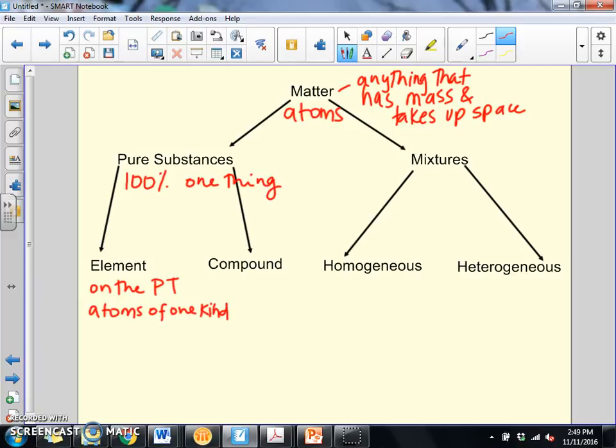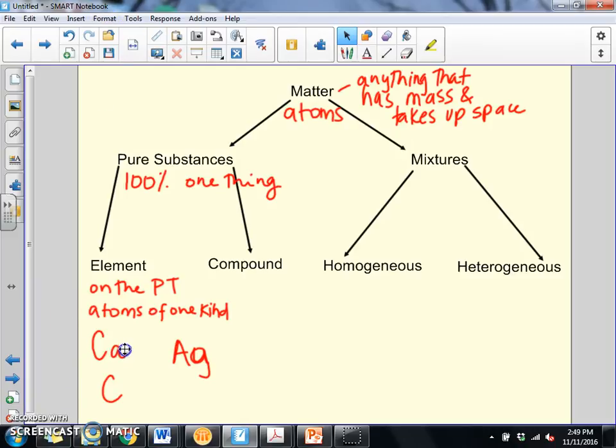For example, you could have calcium, carbon, or silver, which is Ag, excuse me, not Au. All of these are examples of elements. You find them on the periodic table.